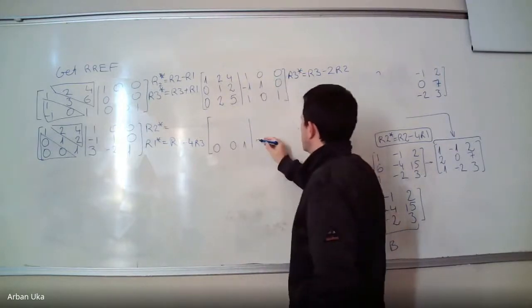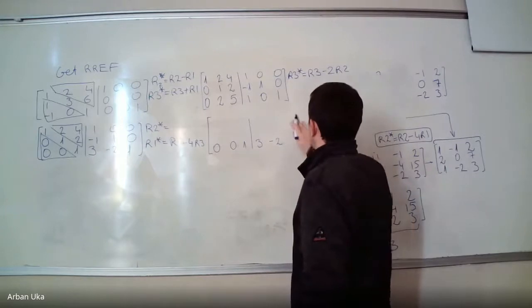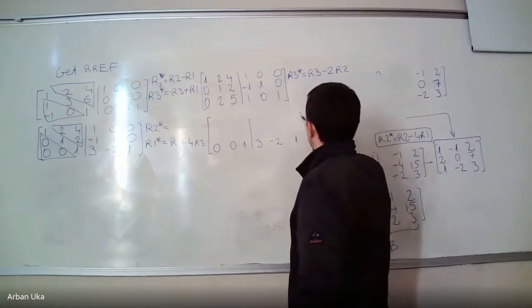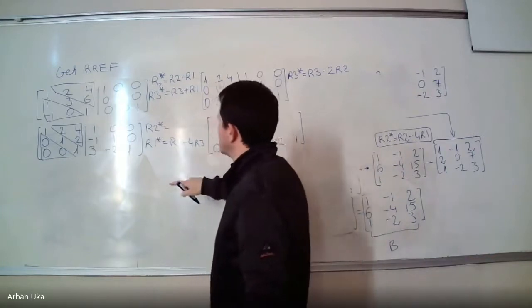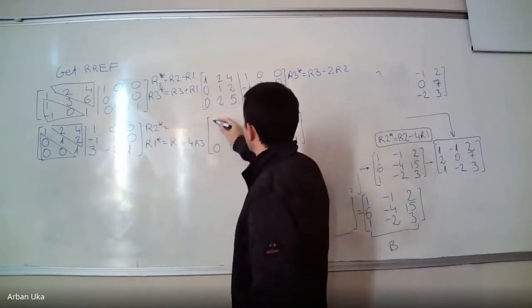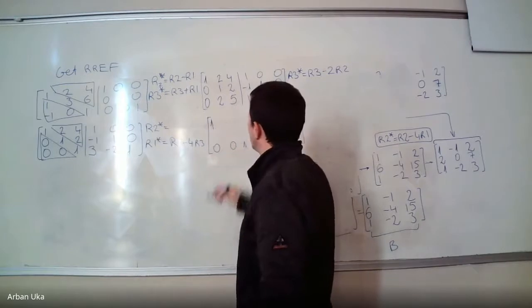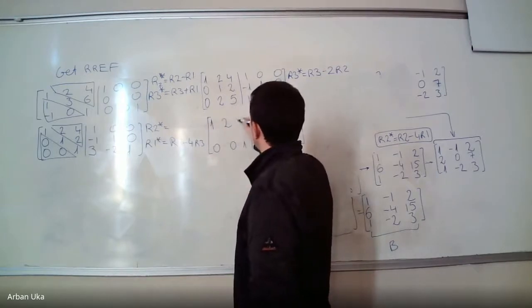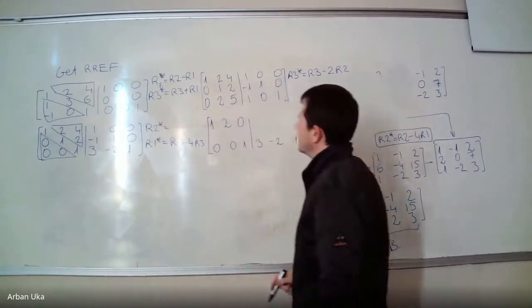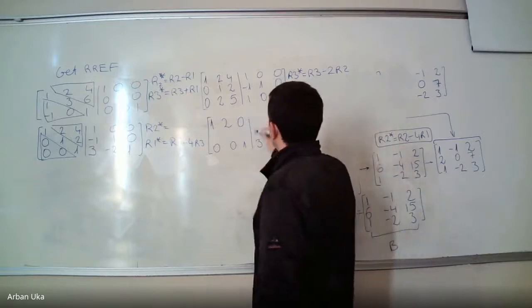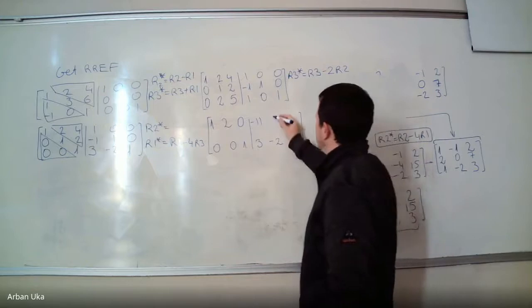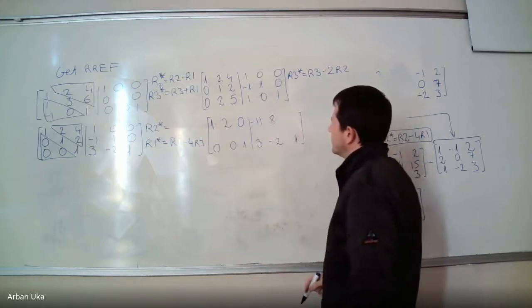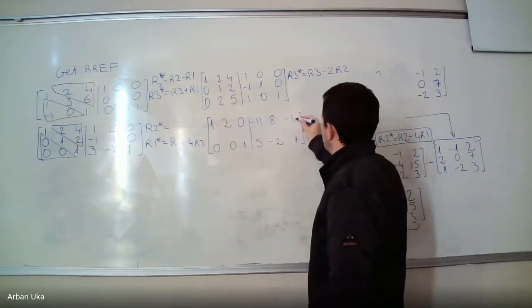This is 3 minus 2, 1. And then the row 1 is row 1 minus 4 row 3. So this is 1, 2, 4 minus 4, 0. And then we have 1 minus 12, minus 11, 0 plus 8, it's 8, 0 minus 4, minus 4.